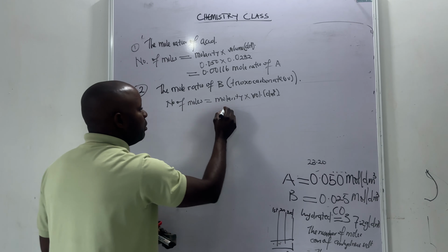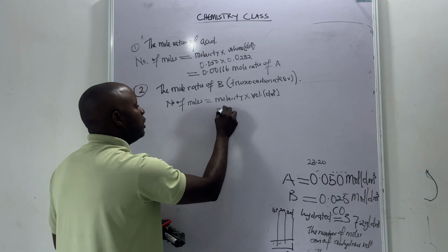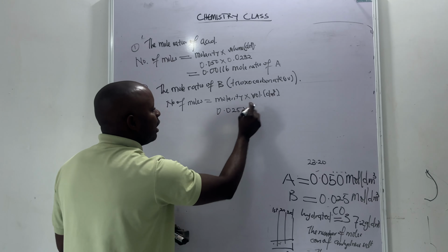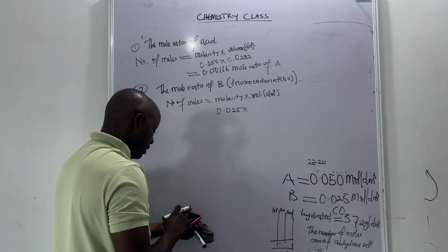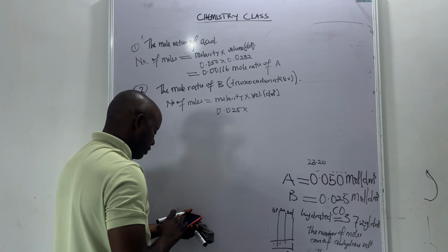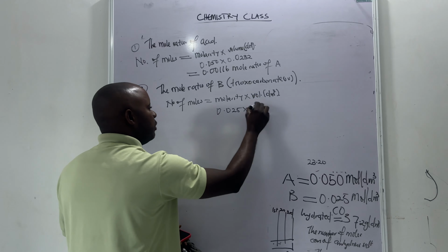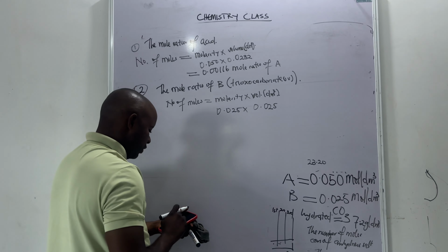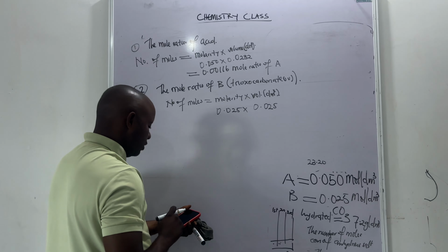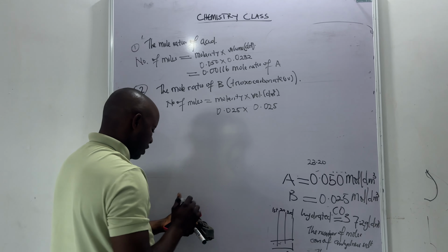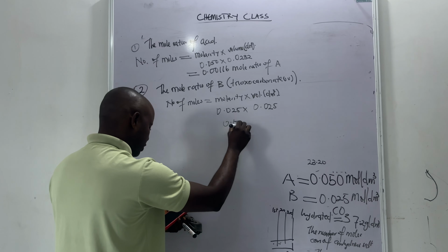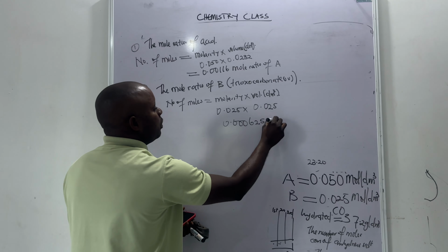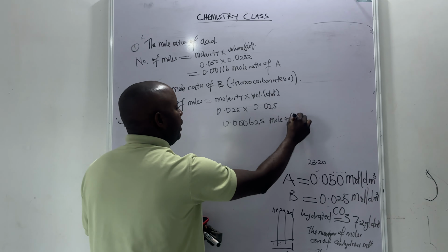That is to say, the molarity of the base is given as 0.025, times the volume 25, 25 divided by 1000. Let's convert to dm cubed. We're going to have 0.025, so 0.025 times 0.025 as well, we are going to have 0.000625. This is the mole of B.